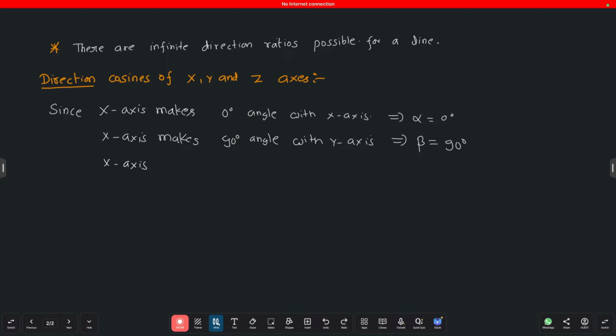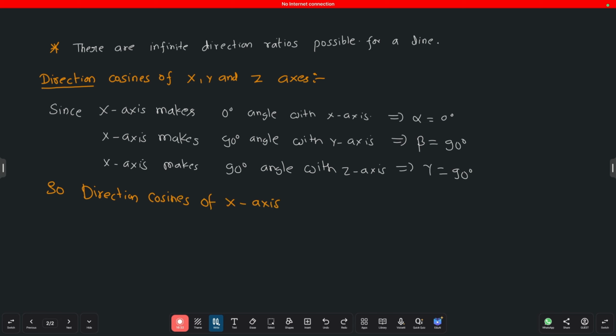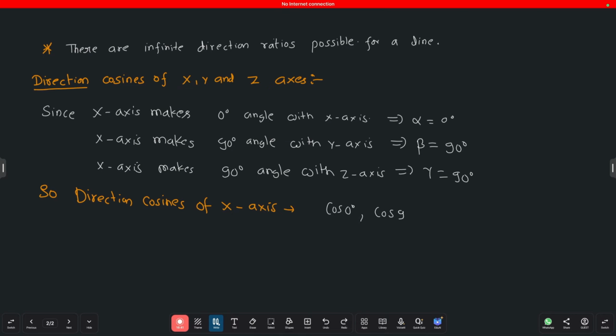And the x axis makes a 90 degree angle with the z axis, so gamma is 90 degree. So the direction cosines of the x axis are cos 0, cos 90, cos 90, which implies 1, 0 and 0.